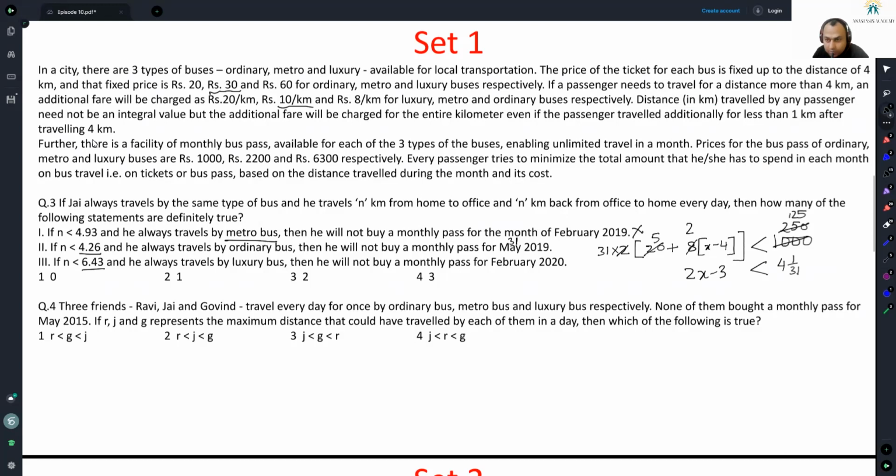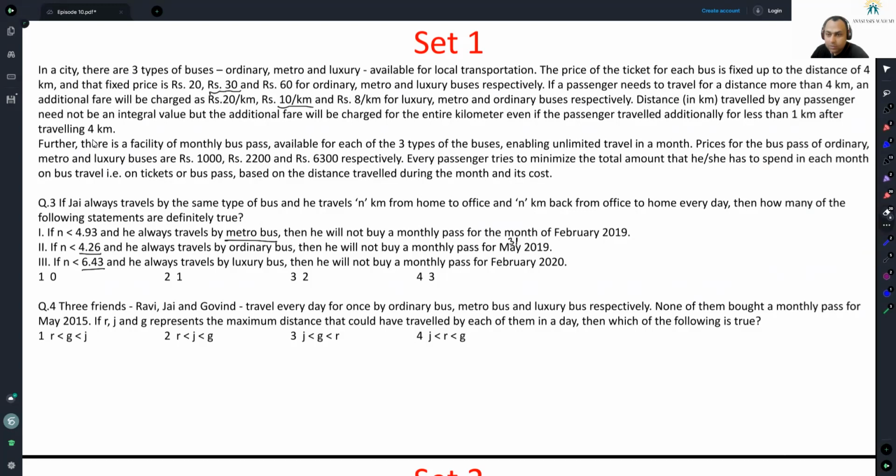First, I cancelled 4s. Then I cancelled a 2. 31 into 4 is 124. I can't get the maths of it. I need more space. Should not have done it on this side. I should have done it neatly.